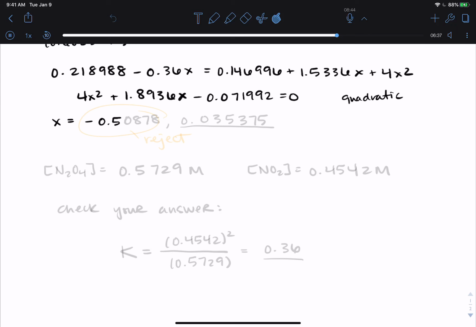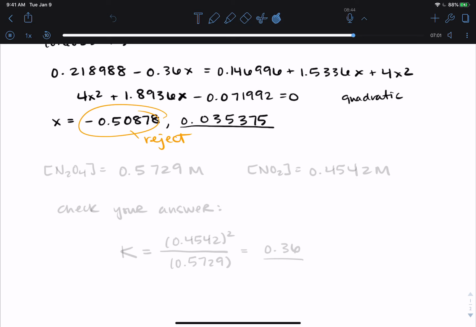And if you solve this with the quadratic formula, the two values of x that you get are negative 0.50878, which you can see pretty easily is going to be rejected, and 0.035375. So this negative one gets rejected, and this is our x value.